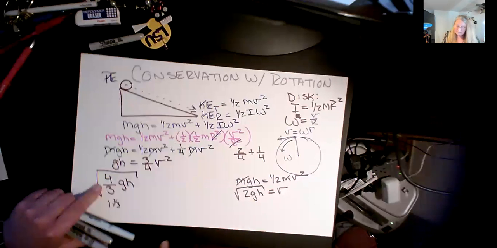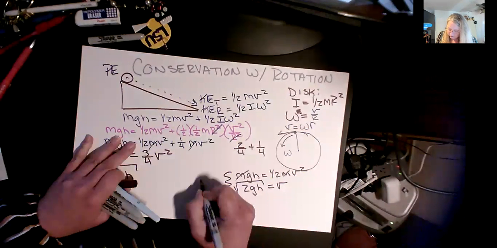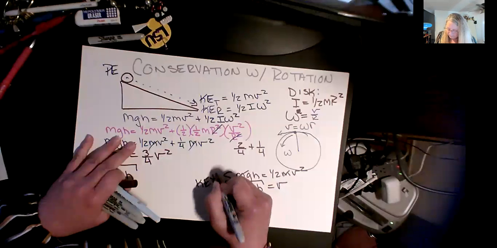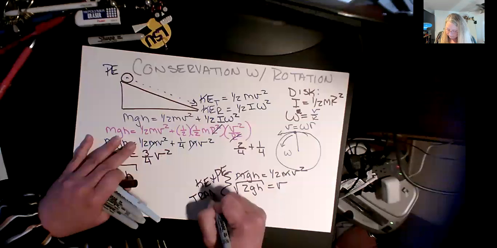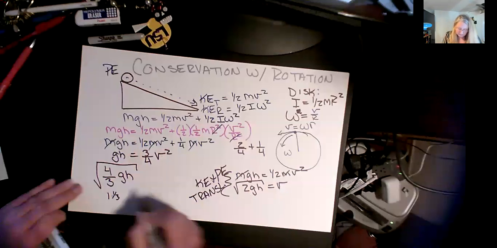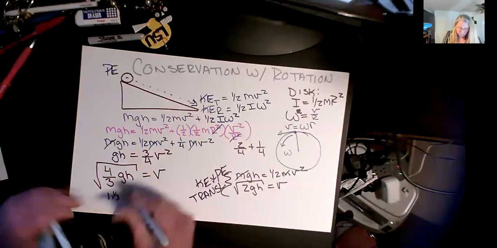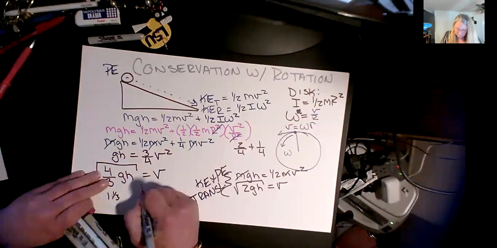And we can do that same kind of comparison. So this, let's be clear here. This is just kinetic and potential from translation. This is from rotation. So something rotating, going down a hill.